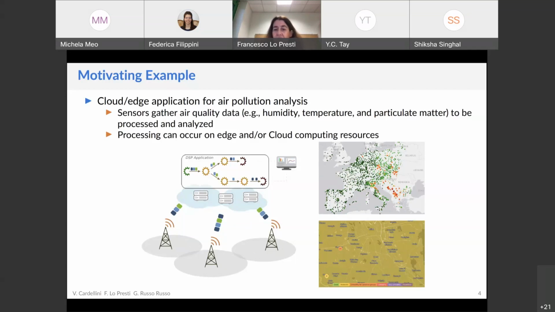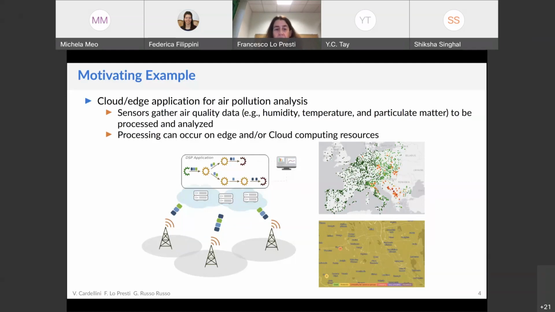So depending on the area and depending on the amount of data, you can decide to process the data at different locations in this continuum from the sensors to the cloud. But during the processing and analysis, some events that require reconfiguring the application can occur.